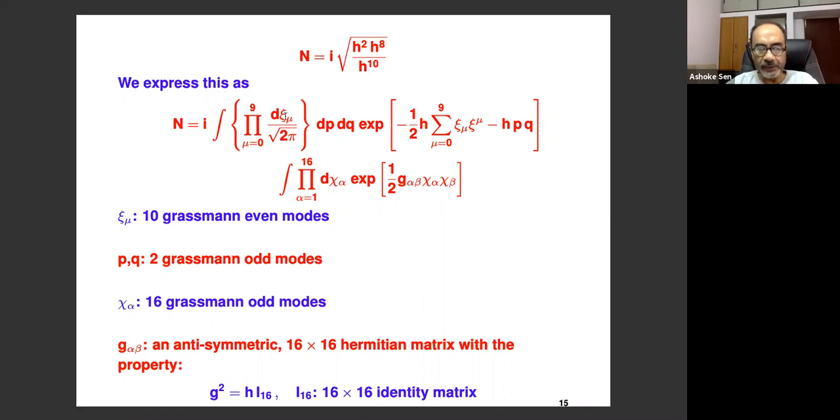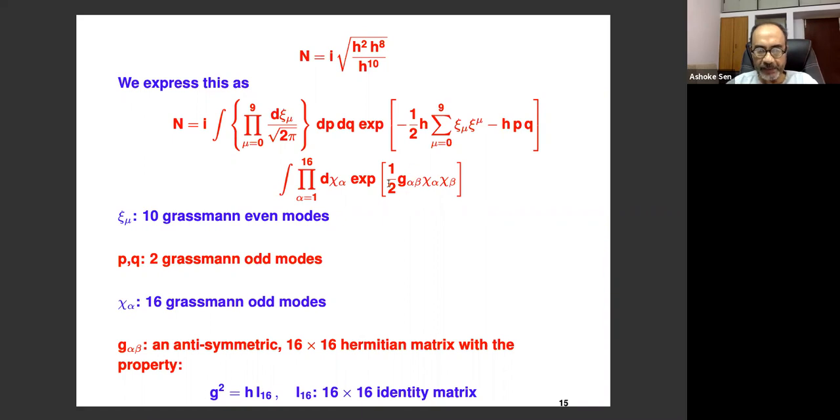So let's see. These integrals, this is a Gaussian integral. In the Euclidean theory, of course, this is just a delta mu nu contracted with delta mu nu. So this Gaussian integral just cancels off this square root of 2 pi. The p and q integral gives you another factor of h, that's the square root of h squared. So this gives you 1 over h to the 10, these 10 integrals. And this integral over the 16 fermions, I should have said G is an antisymmetric 16 by 16 Hermitian matrix with the property that G squared is h times the 16 by 16 identity matrix.